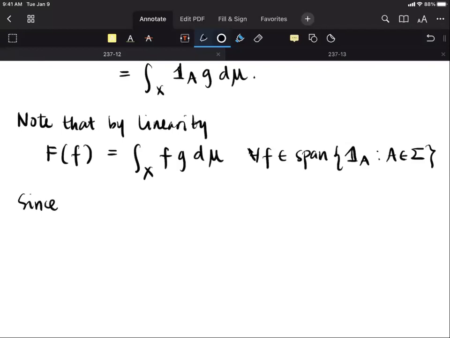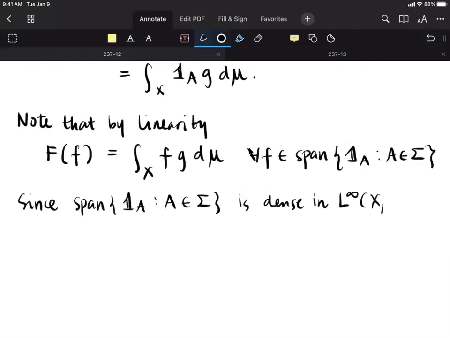Since this span is dense in L infinity, and here you need to use the fact that the measure space is finite.